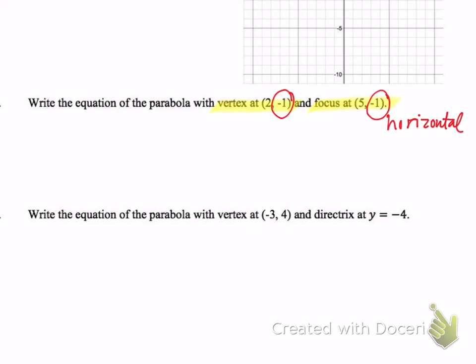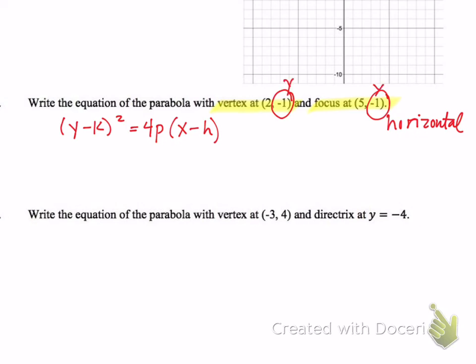Since it is horizontal, I know that the equation will be (y - k) squared equals 4p(x - h). You don't have to write it, I'm just writing it so that we know what we're working with. You'll have an equation sheet. How do you know it's horizontal? Because the y's are the same.